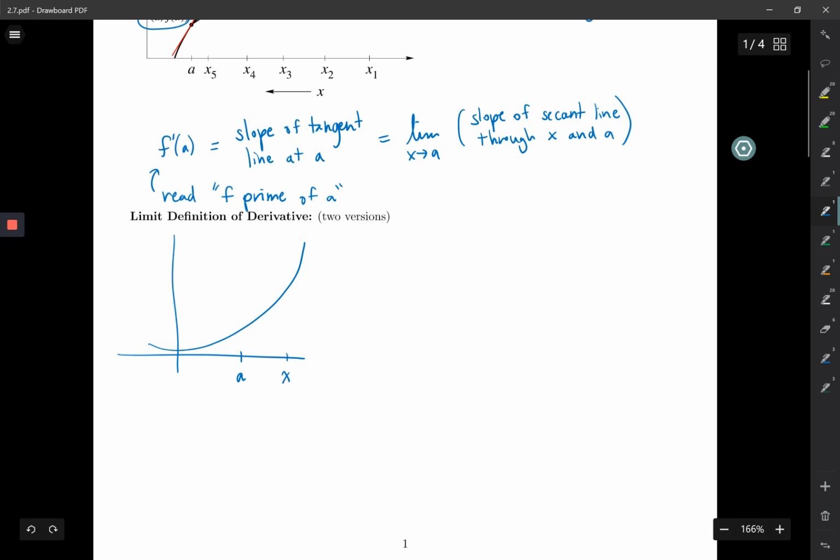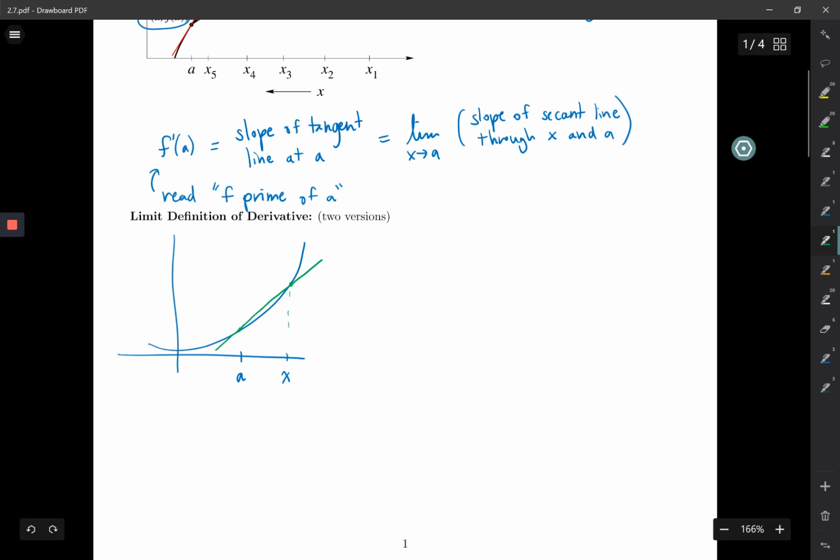So if x is some point not equal to a, then here I'll use a different color for this. Then if we follow this up, we get this point on the graph and this point on the graph, and then we connect them, and that will give us our secant line, right? Okay, so the slope of that line, we can just use these two points that lie on it to compute the slope, right?